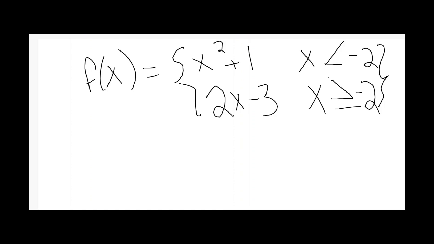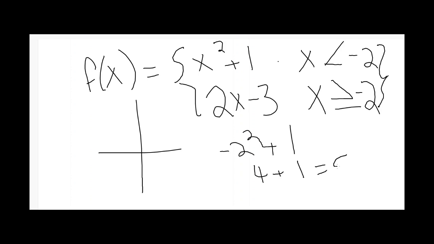And if we were to graph this, we could just plug in some random points. Let's plug in -2 because this is what we're given right here. So let's see where we start off. For the first value, we plug in -2 for x, and we get -2 squared plus 1. -2 times -2 is just 4, plus 1, which is equal to 5.